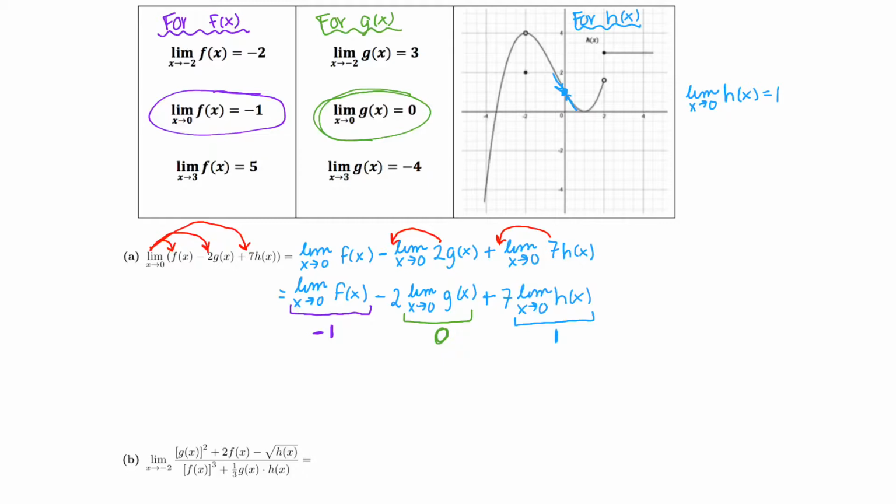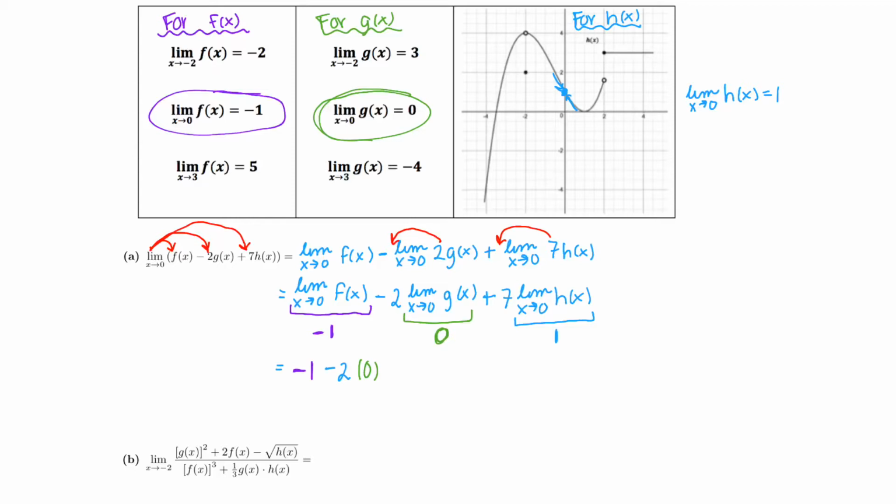So if I make replacements, I get -1 minus 2 times 0, and the limit goes away, because we're replacing the entire thing.